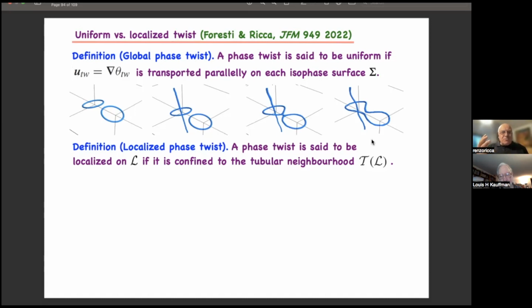I'm playing with words because twist is a global quantity, but I mean it to have it localized on the defect. A phase twist is said to be localized on the defect if it is confined to the tubular neighborhood of the defect. And here is my idea.